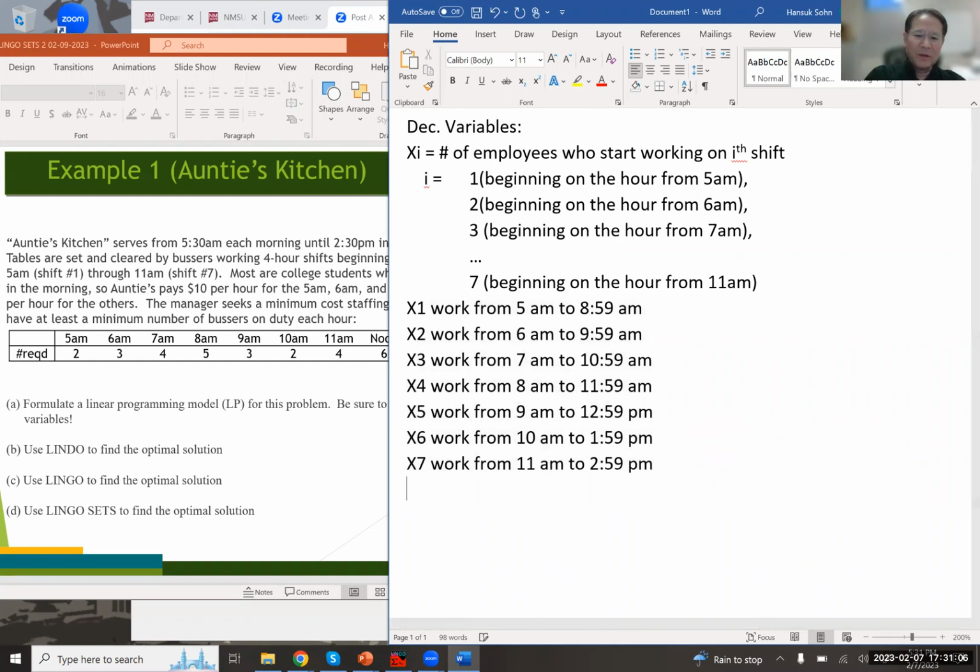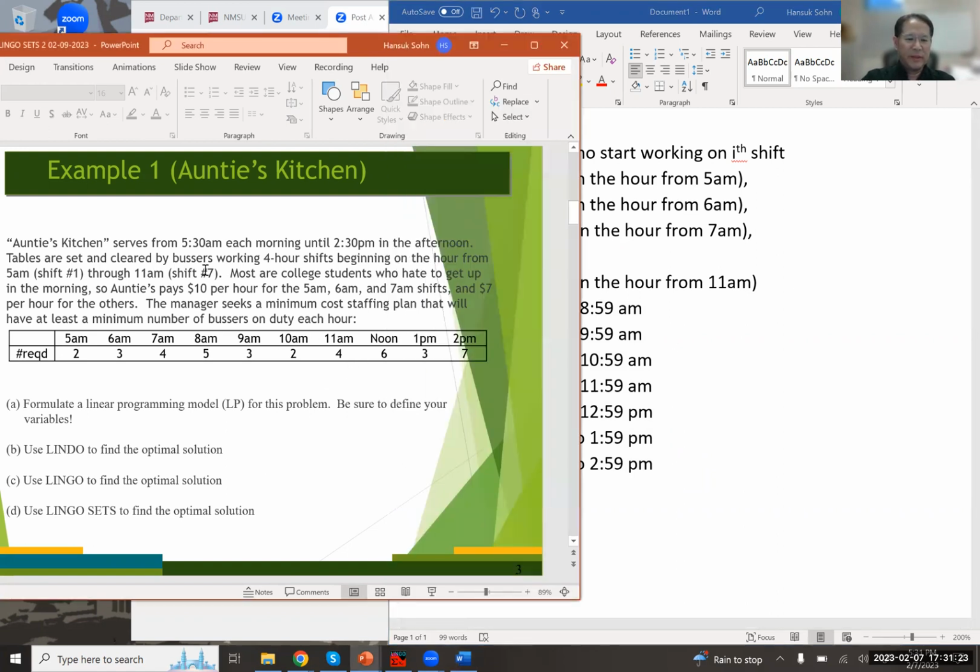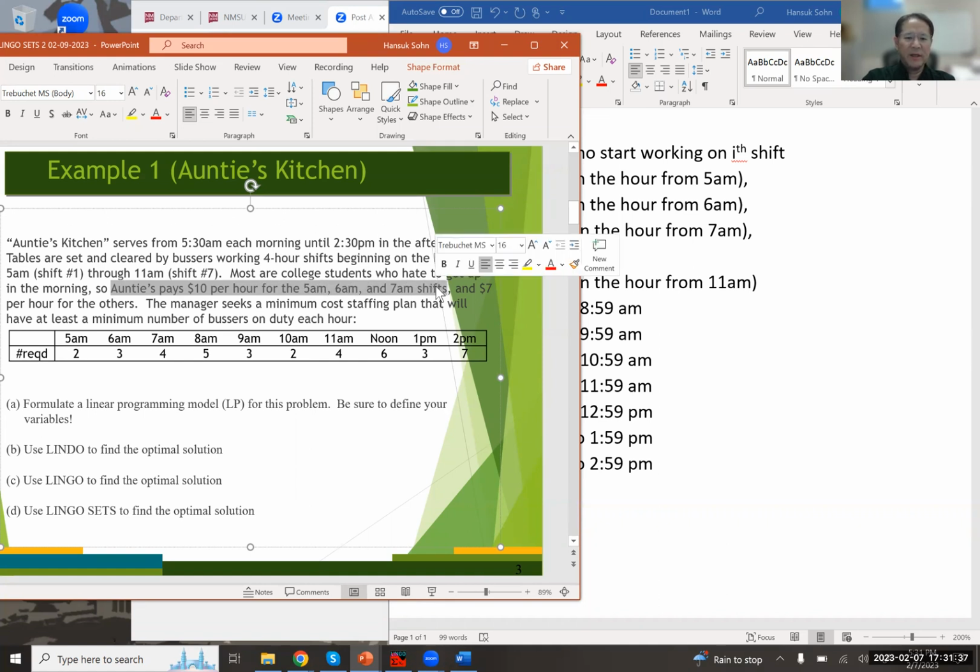So what is our objective function? We are looking for minimum cost staffing plan, right? So our objective is to minimize, right? And we are going to use which information? Here. Auntie's pays $10 per hour for the first 3 shifts, right? And then $7 for the others.